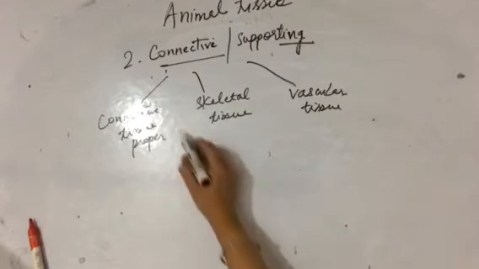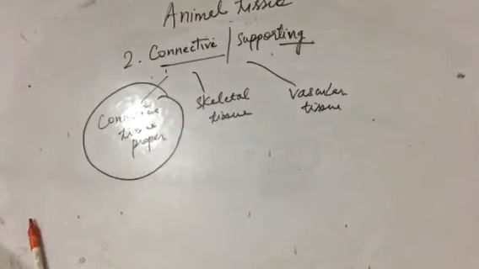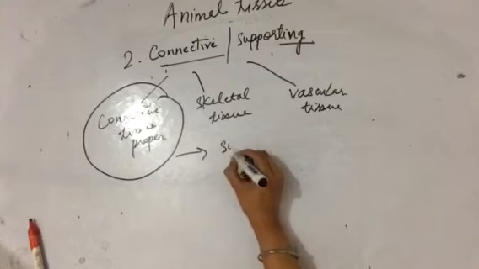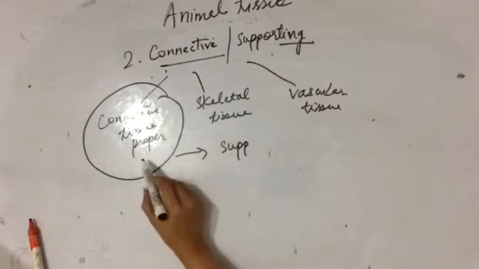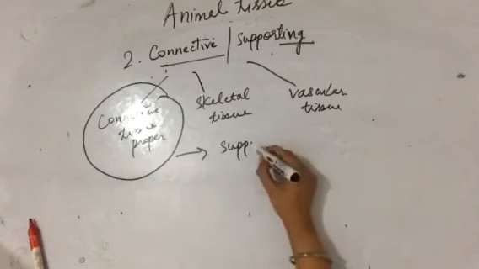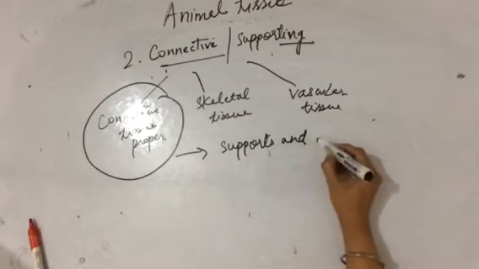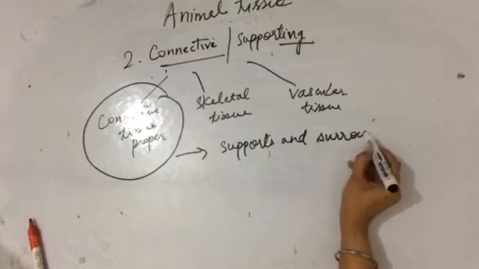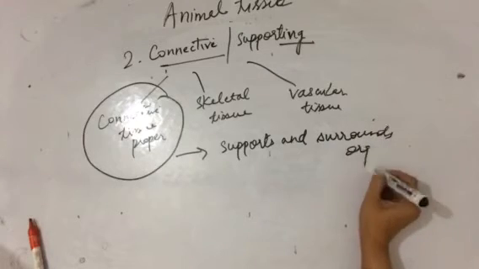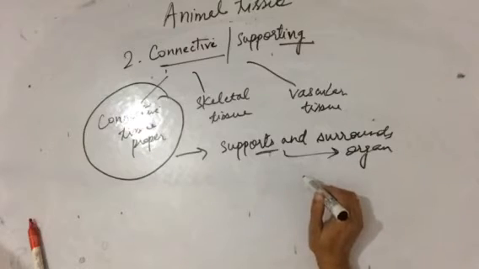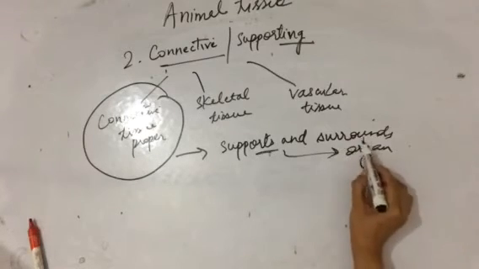Beginning with connective tissue proper, its function is that it supports and surrounds the organs. It is providing support to the organs, and it is also surrounding various organs.